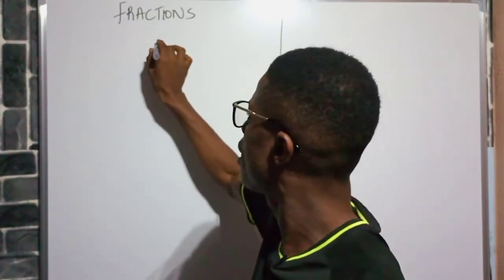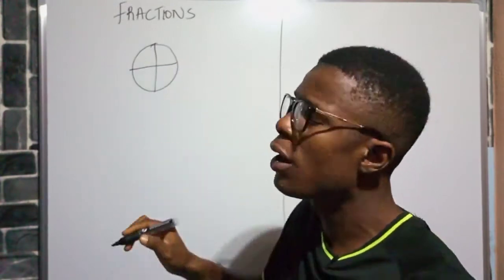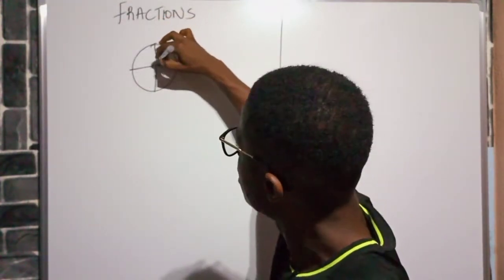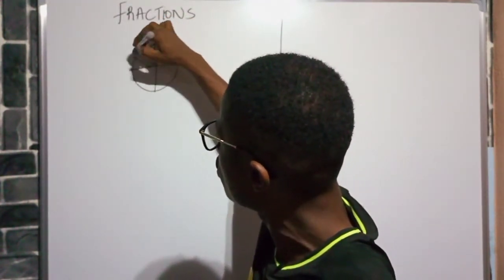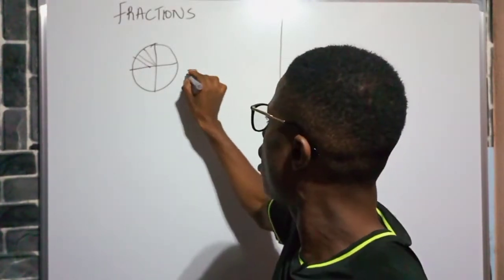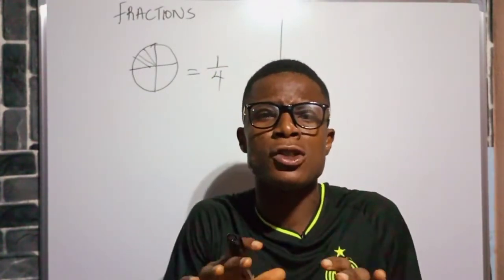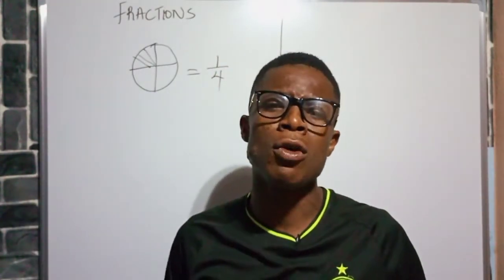After dividing it, I should take one portion of that orange. So I divided it into 4 equal parts, and I was told to take just this portion, which is 1 out of what? 4. So fraction is just a part of a whole number.